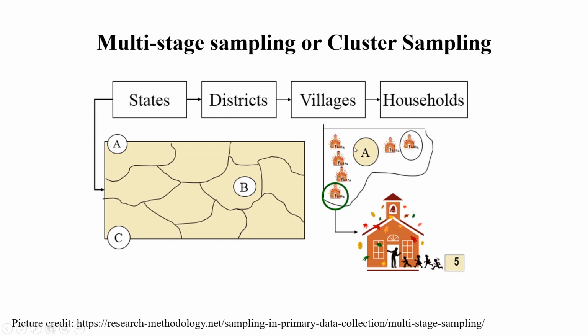Let's assume that out of these 3 states we have selected A state, and in the A state, the districts and villages are selected, and these are the households finally selected for our study. So this is first stage, second stage, third stage. This is the final stage of our units.